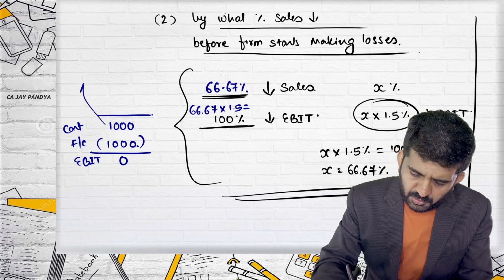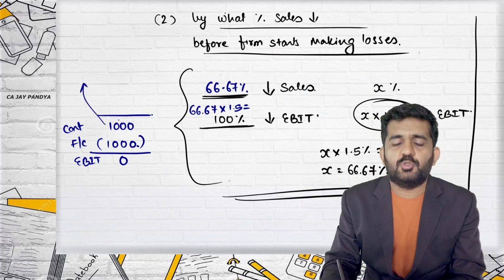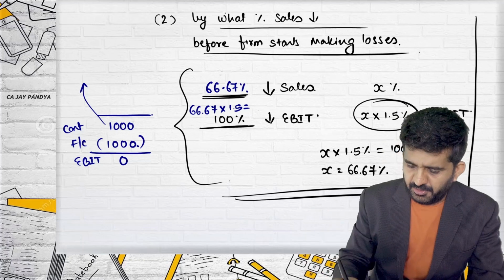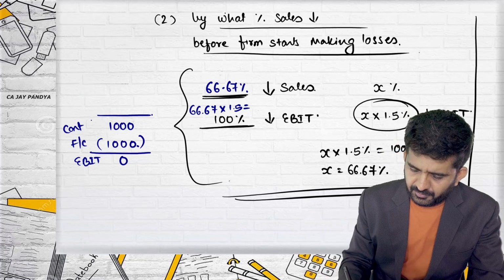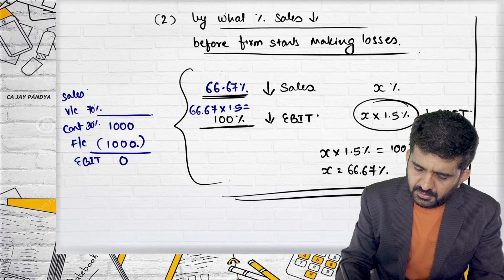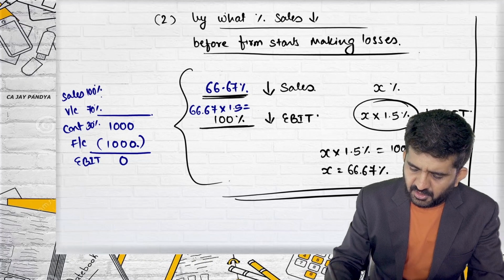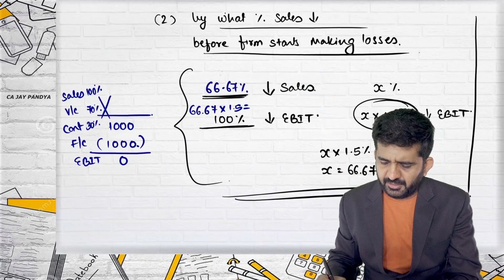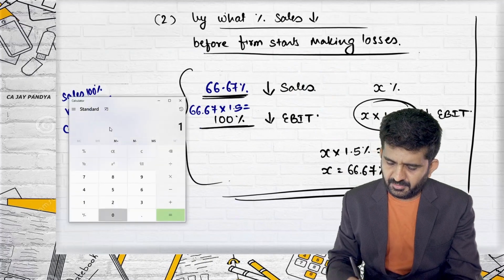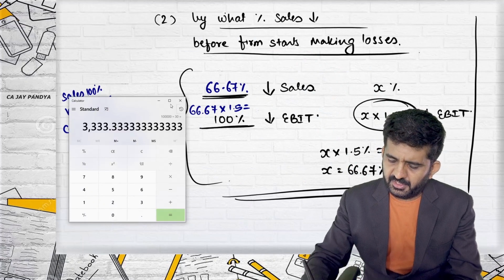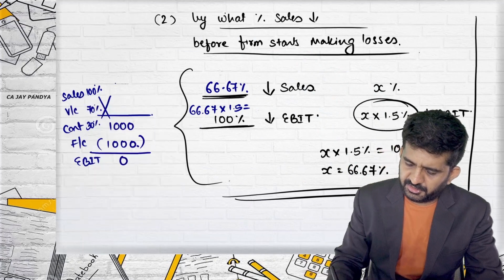So how many units are to be sold to get a contribution of 1000? Let me do it in full manner. Contribution is 30%, variable cost is 70%, and sales is 100%. So I can get the sales by cross multiplying: 1000 into 100 divided by 30. That is 3333.